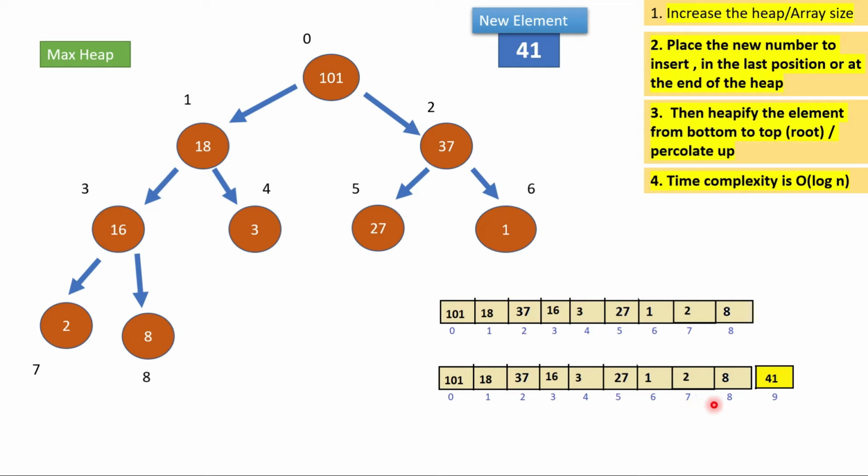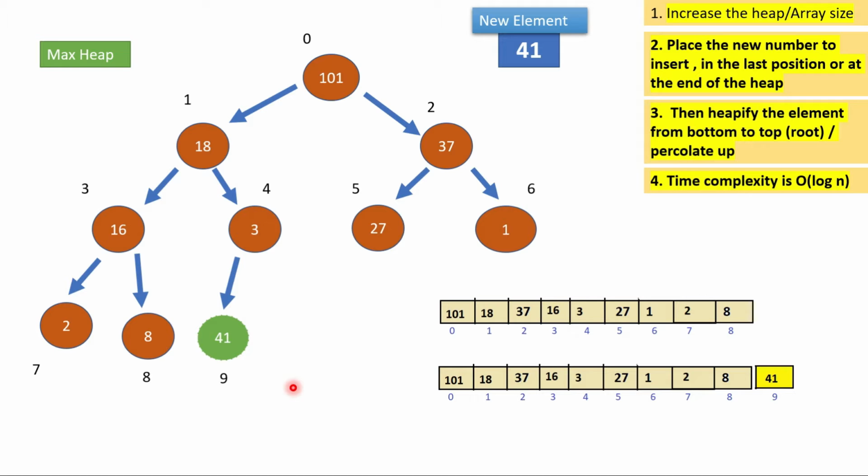When I said we have to increase the array size and place the new element at the last position, how do we represent the same thing in the max heap? We will see now. In the last position, I am inserting this new element 41 as our first step.